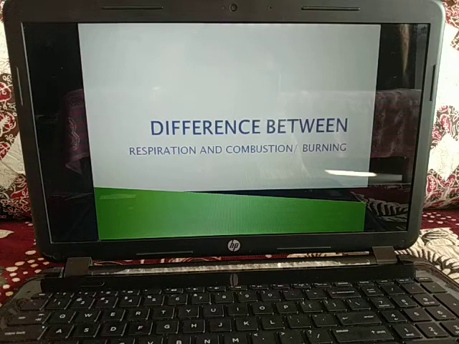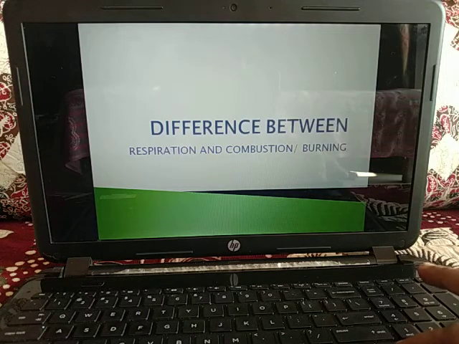No intermediates are produced in combustion. A number of enzymes are required, one for each step or reaction, and in case of combustion, burning is a non-enzymatic process. So these are the differences between respiration and combustion.